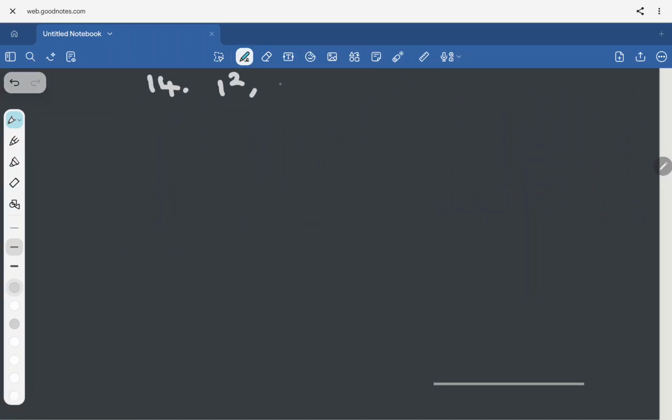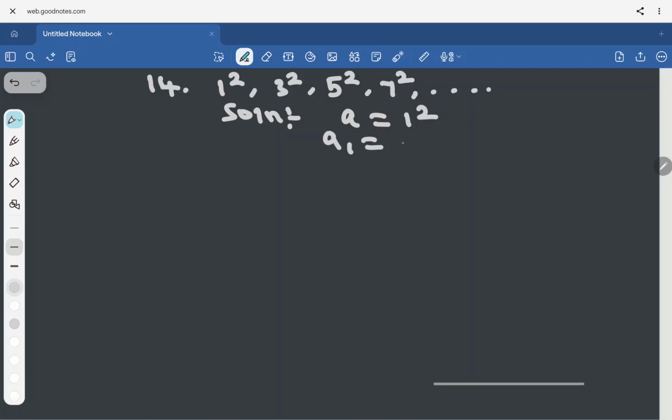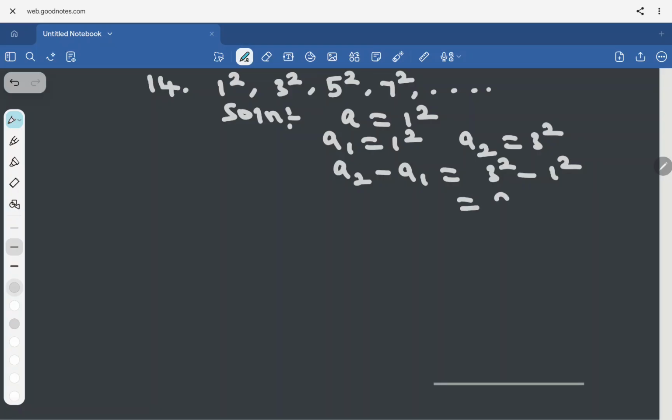Solution, here a1 is 1 square, a2 is 3 square. Find the difference. a2 minus a1, that is 3 square minus 1 square, 9 minus 1, 8.